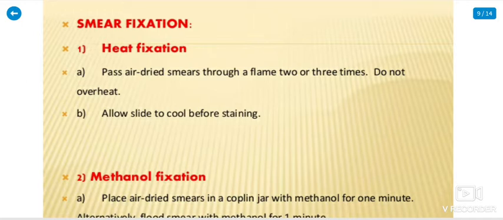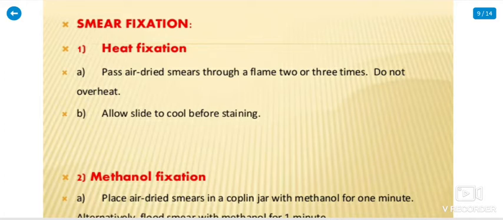Heat fixation, we already discussed in the previous slide. Heat fixation: number one, pass the air-dried smear through a flame 2 or 3 times. Do not overheat the slide.